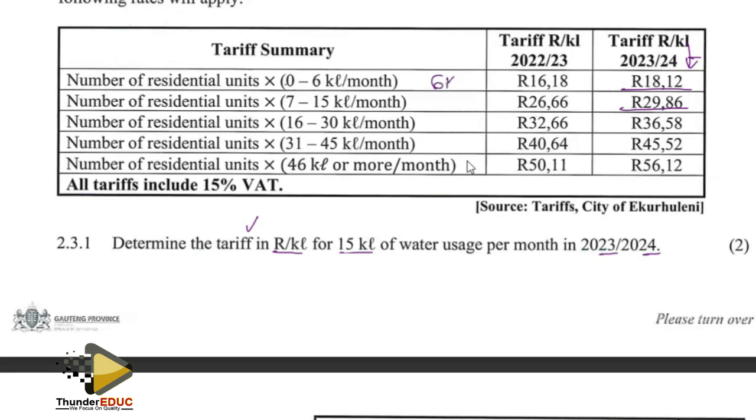These are 6 kiloliters. We ignore this left-hand side and continue with the right hand. To find the maximum kiloliters in this bracket, I take 15 minus 6. So here there were 9. Because 6 plus 9 you get 15 kiloliters usage per month.